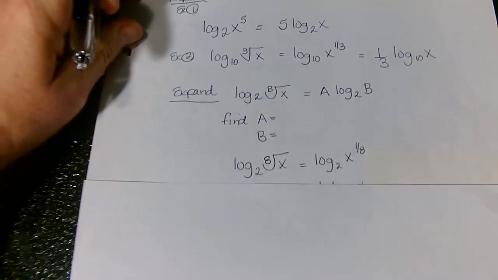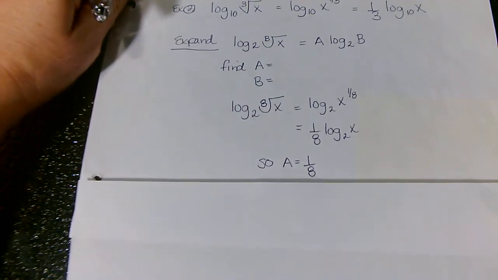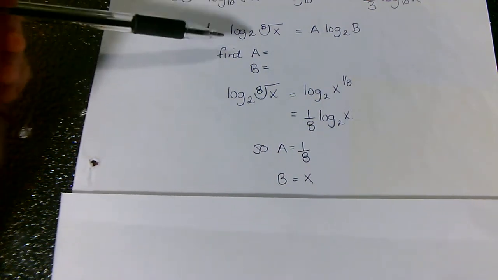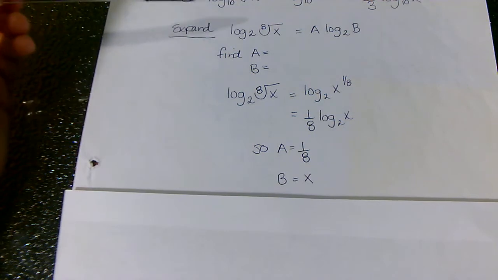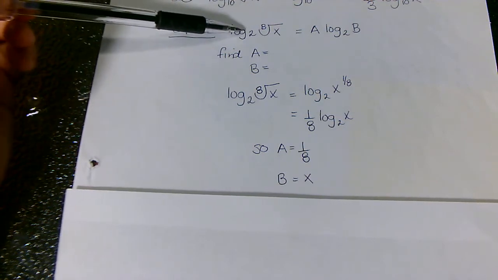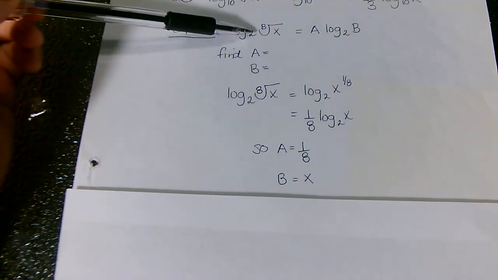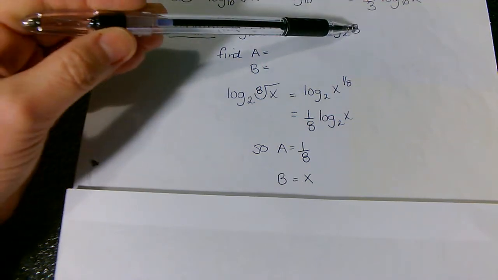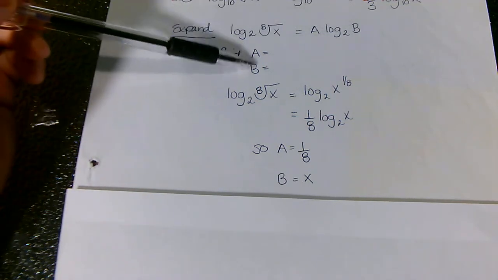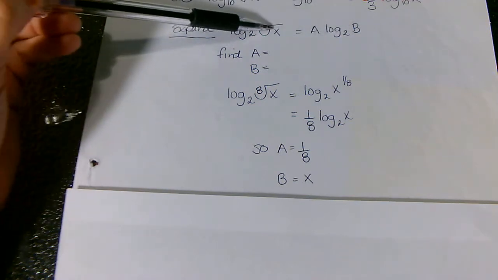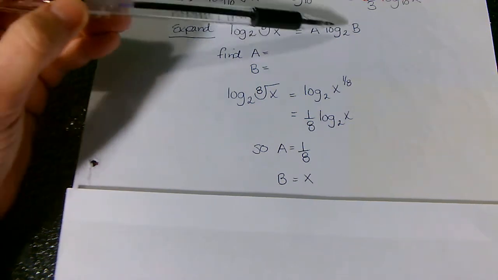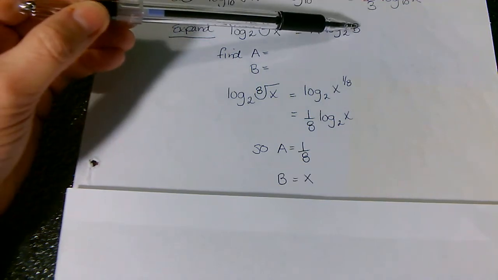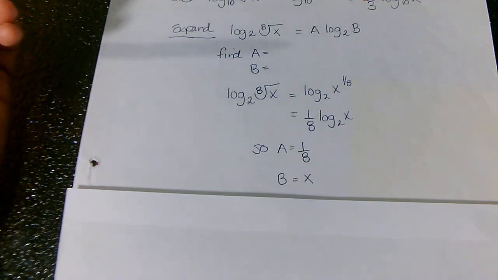Here is another example, and this one is expand and find your a and your b. So in the book, you can take this problem and you want to find out what a is and what b is. So when it says find a, b, it just wants you to rewrite this log using the power property and tell what is the number in front and what is the number that is being logged.